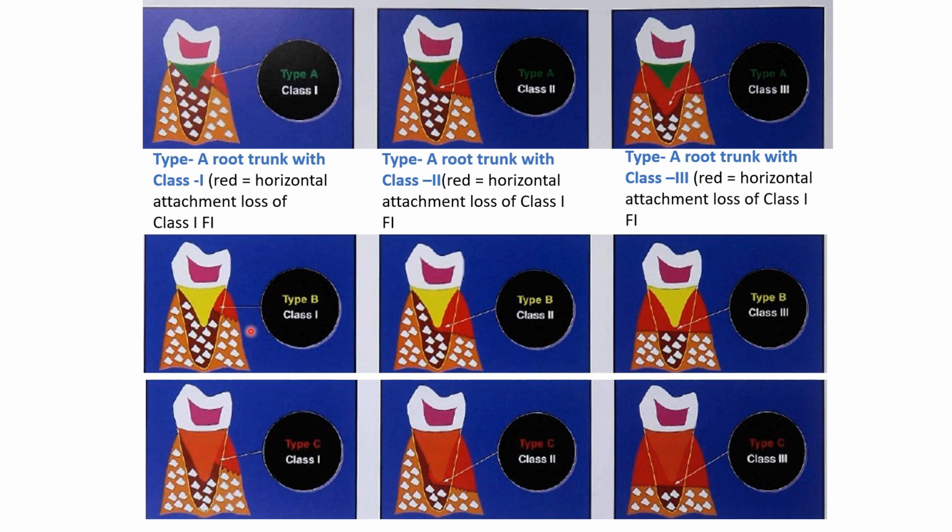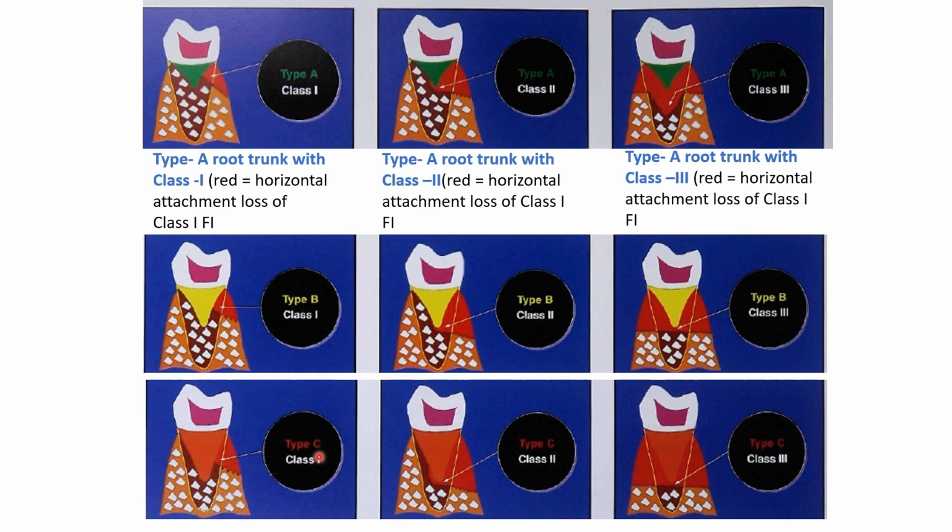Then we come on to the type B class 1. Type B, the vertical component is more than 1/3 but less than 2/3. In type B, less than 1/3 of the horizontal width of the tooth is involved. In type B class 2, basically horizontal involvement is more than 1/3 but less than 2/3. In type B class 3, it is through and through involvement of horizontal component.